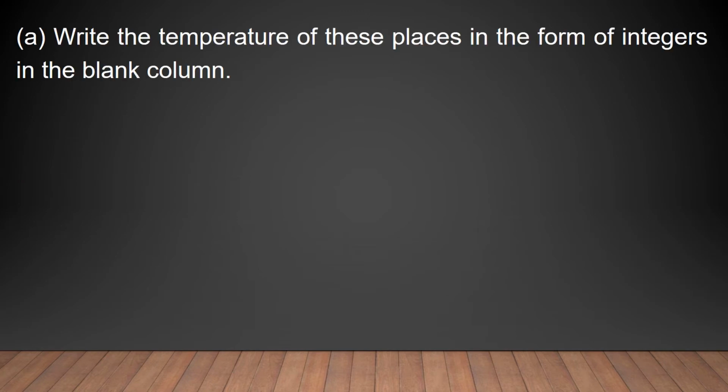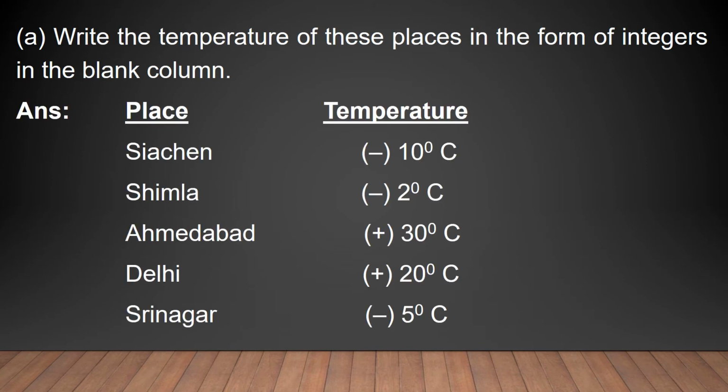The first part is write the temperature of these places in the form of integers in the blank column. So here the temperatures of different places is given. The place whose temperature is above 0 degrees Celsius indicates the positive temperature and the place whose temperature is below 0 degrees Celsius indicates negative temperature. Just to remember.